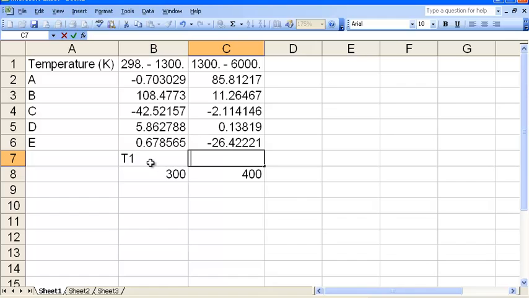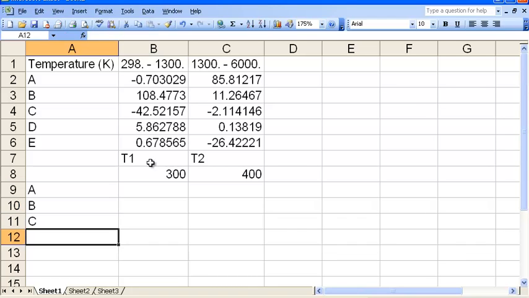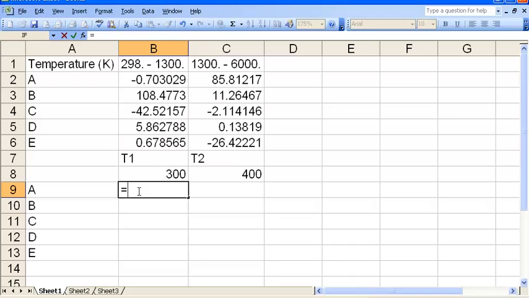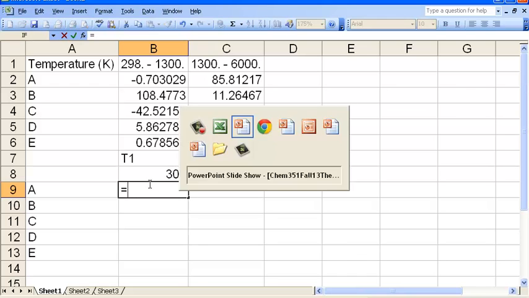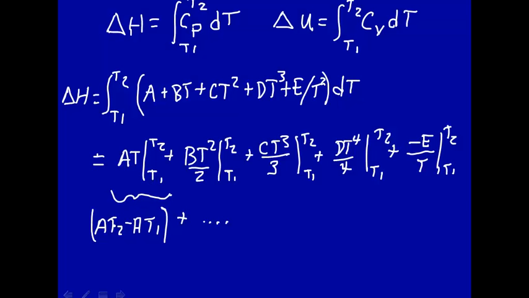Okay. So there we go. Those are the limits of integration. So let's write down terms for, say, A, B, C, D, and E. So this A term will be equal to, let's go back here, A T2 and A T1.